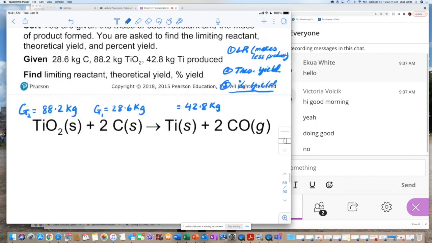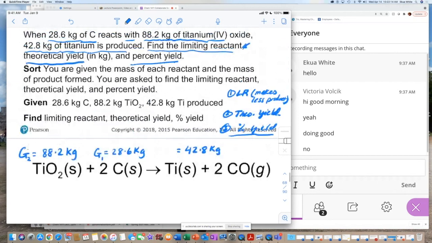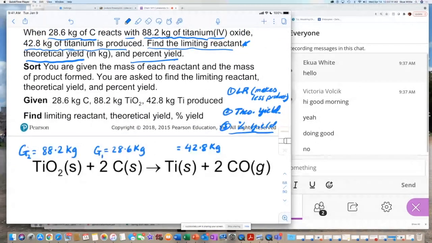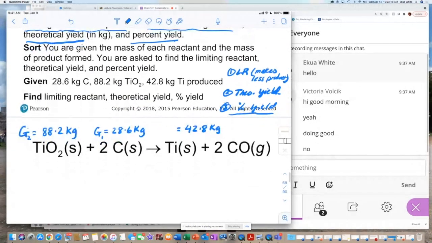It wasn't specified, but realize this: the third number given is the actual or experimental yield, because we can't figure out what we'll get from this last number here. The amount is our experiment.